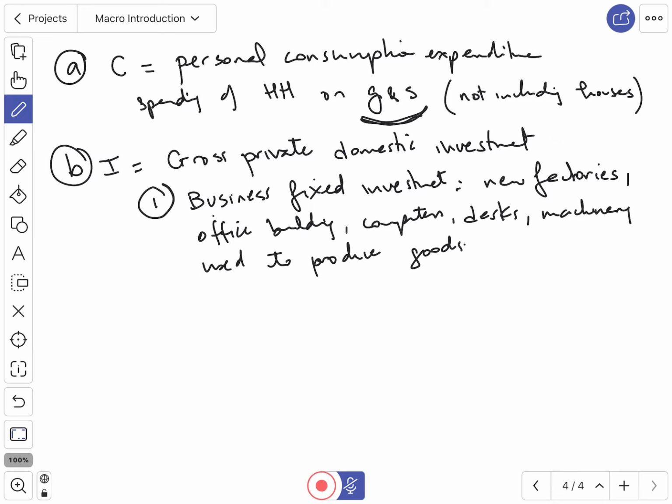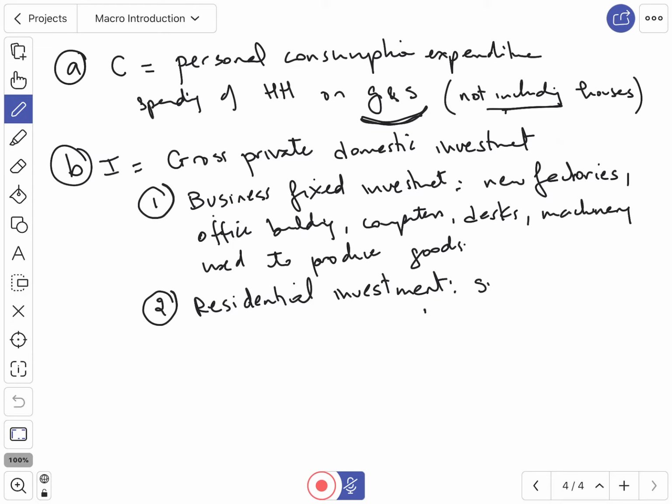Our second type of gross private domestic investment is residential. When you buy a house, we said that it's not considered a part of consumption. It's not there, but it's here.